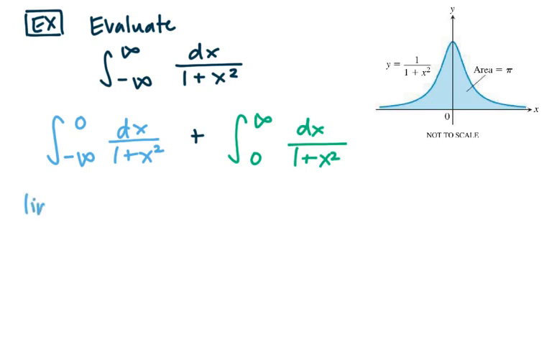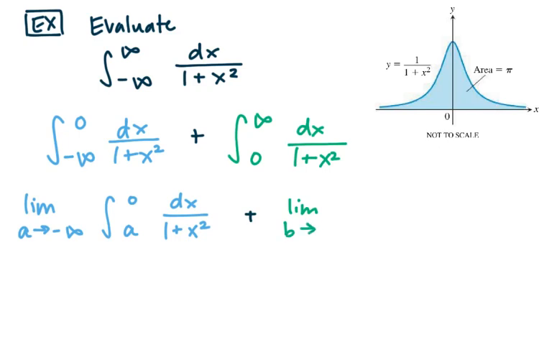I have the limit as a approaches negative infinity of the integral from a to 0 of dx over 1 plus x squared plus the limit as my b value approaches positive infinity from 0 to b of dx over 1 plus x squared.